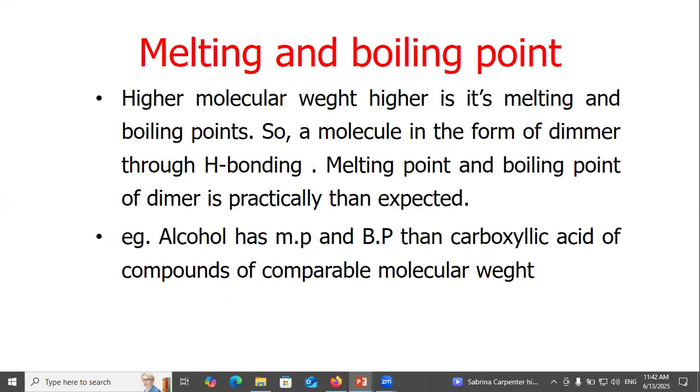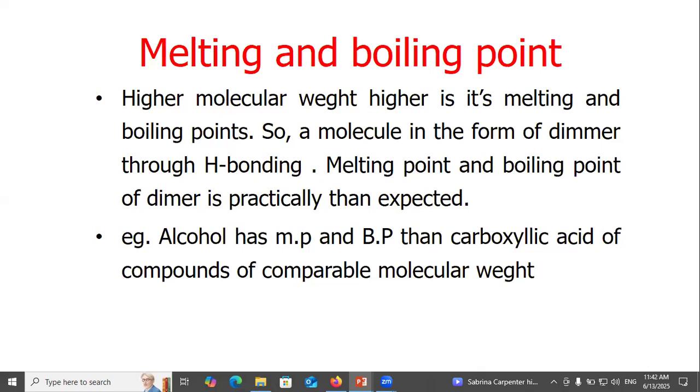Melting and boiling points: the higher the molecular weight, the higher its melting and boiling points. So for a molecule in the form of a dimer through hydrogen bonding, the melting point and boiling point of the dimer is practically higher than expected.